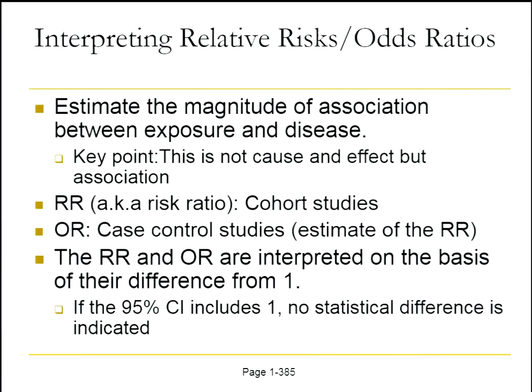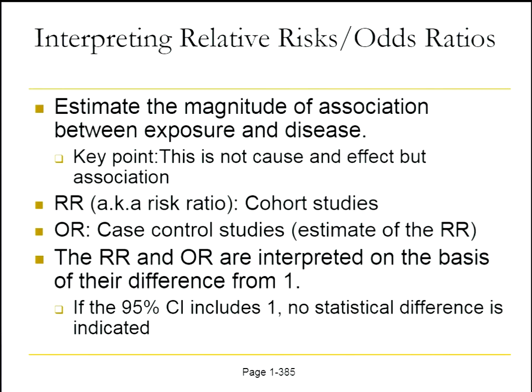So for cohort studies, as we discussed, the relative risk, which means the same thing as the risk ratio, you should know that nomenclature as being one and the same, used for a cohort study. And then for an odds ratio, it would be a case control study, and that odds ratio is an estimate, ultimately, of the relative risk. So relative risk, cohort study, odds ratio, case control studies.